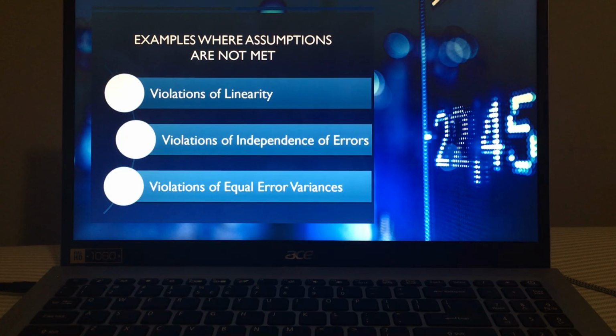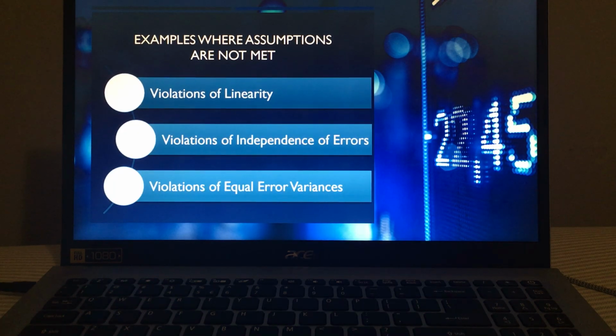Both of these plots of residuals versus predicted values actually show a clear relationship. So the assumption of independence of errors is not met in either case.